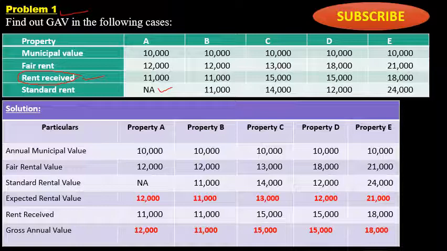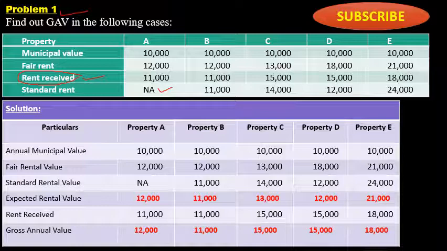A is let out because rent is given, B is also let out because rent received is given, C is also let out property, D as well as E are let out property because rent received is given. So therefore here the nature of all five properties is let out property.